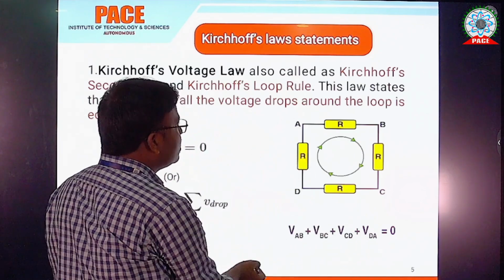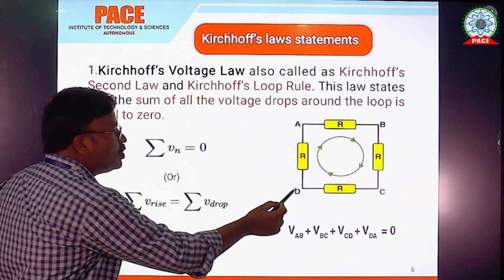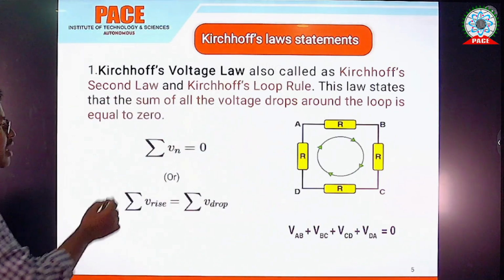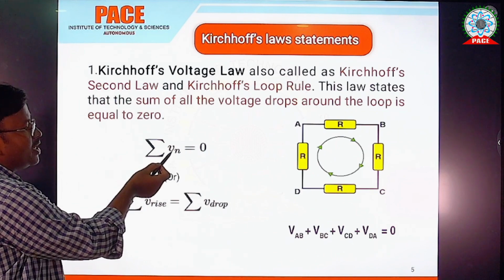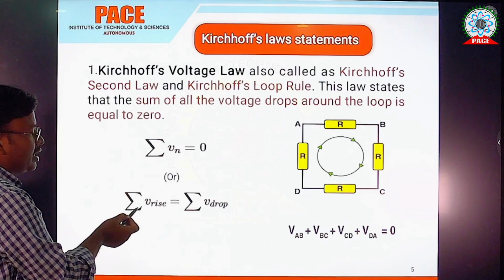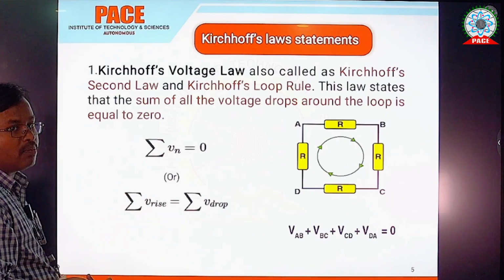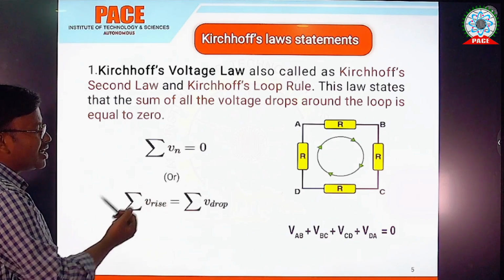According to the statement, the sum of the voltage drops around a closed loop is equal to 0. In mathematical form, the summation of voltages equals 0 in a closed loop. We can also write that potential rise equals potential drop: the summation of potential rise equals the summation of potential drop.